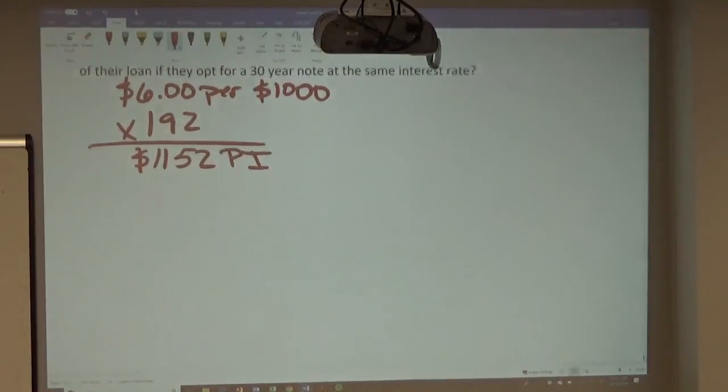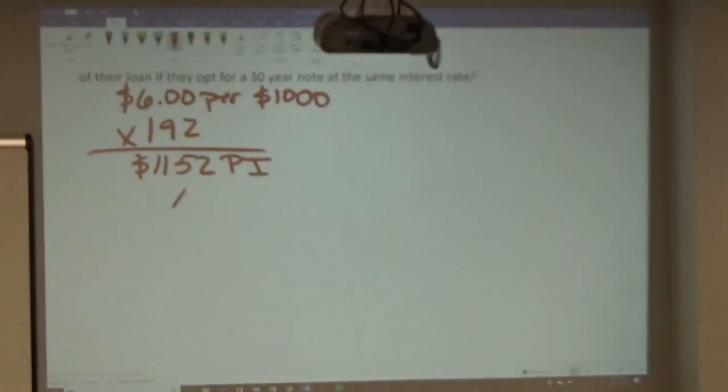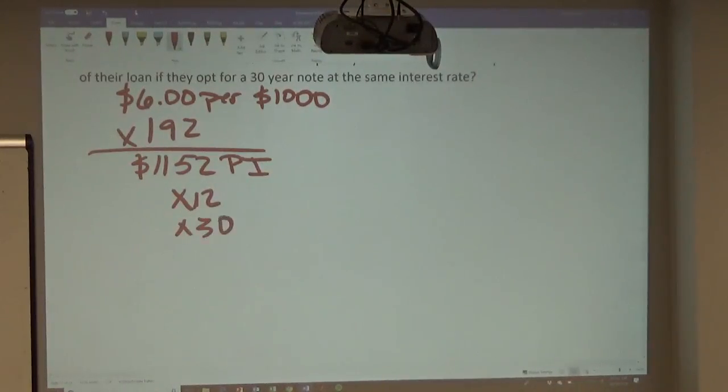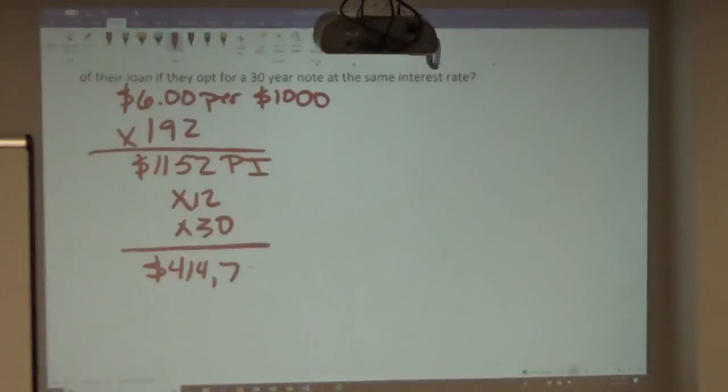And we're making that payment 12 months a year for 30 years now. So 1152 times 12 times 30 is $414,720 in total principal and interest.